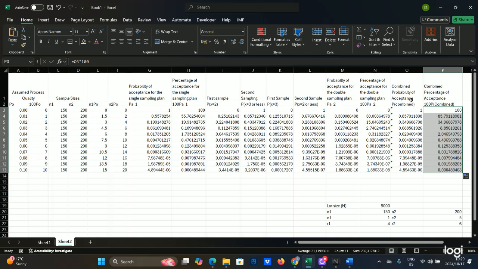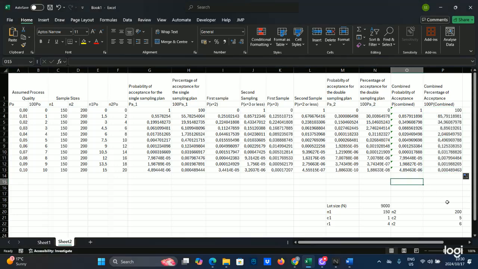So now since you are done, you can determine your probability of acceptance. Depending on the question, they can ask you what's the probability of acceptance given that they found two defectives on the first sampling plan.